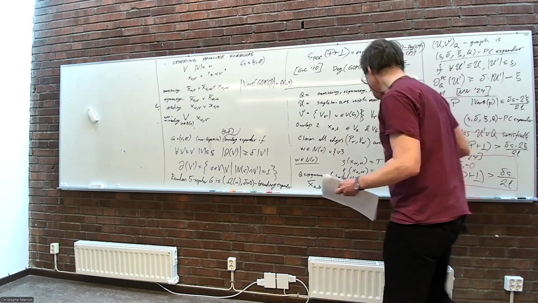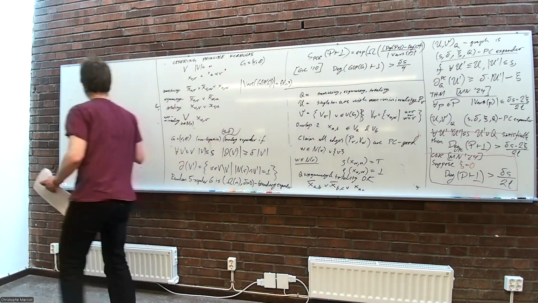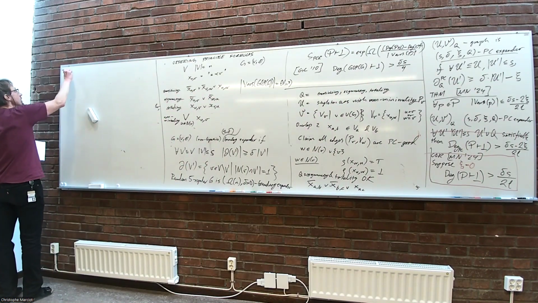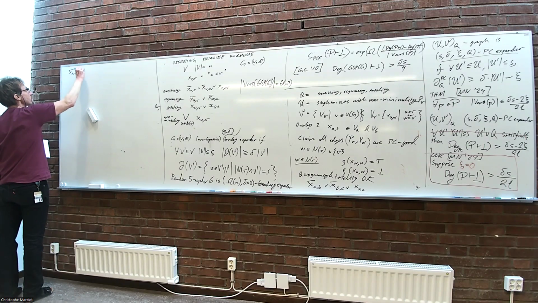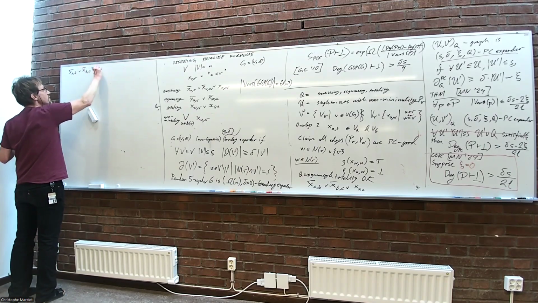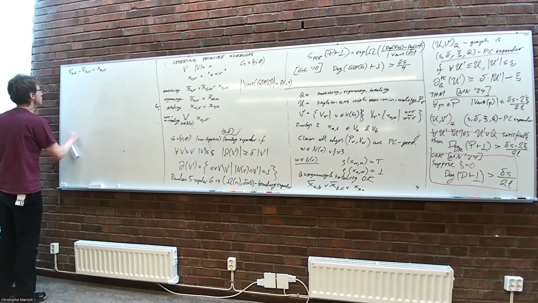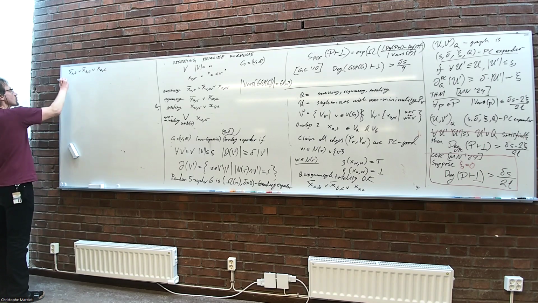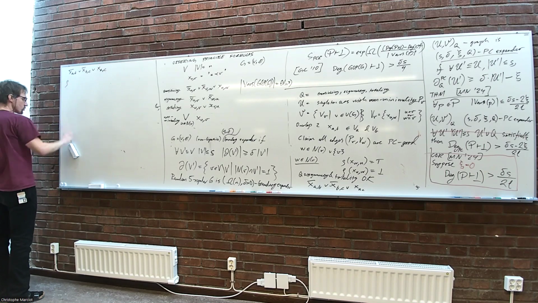Let's copy it over here maybe. Let's just do a case analysis. So we have not xab or not xbc or xac. And let's see what rho does.